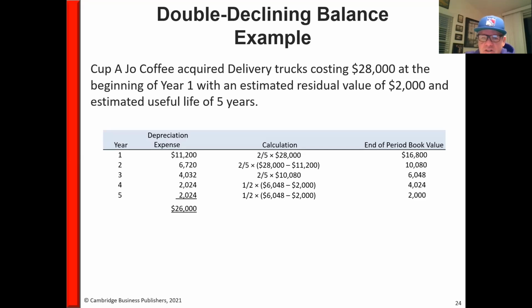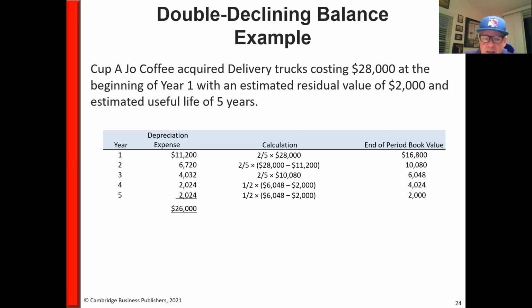But remember I said that your depreciation under double declining cannot be less than it would have been if we had used straight line. And we know the straight line depreciation was $5,200 a year. So what happens in year 3, if you took 6,248 and you multiply that by 40% or 2/5, you're going to get a number less than $5,200.